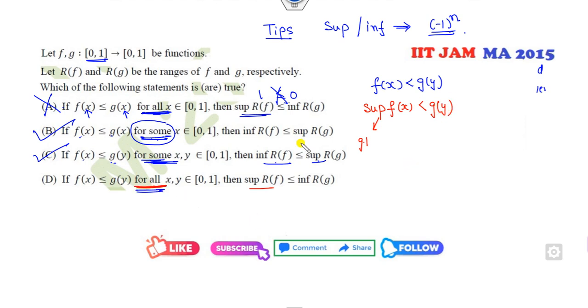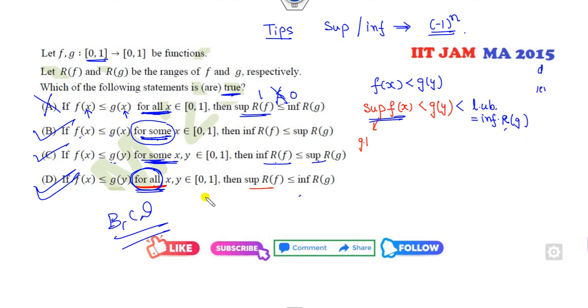Once this is for all, it will definitely be less than the least upper bound, that is basically the infimum of this, because it is for all. So the supremum is less than the infimum, which is also a correct answer, a true statement. So B, C, D are the correct answers.